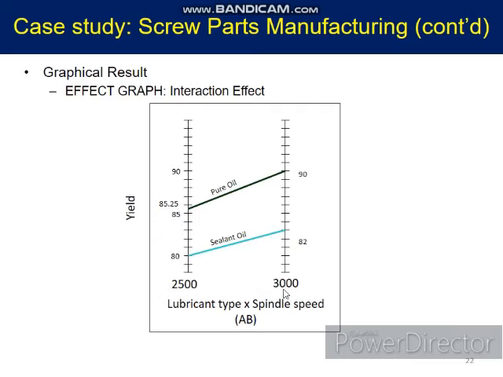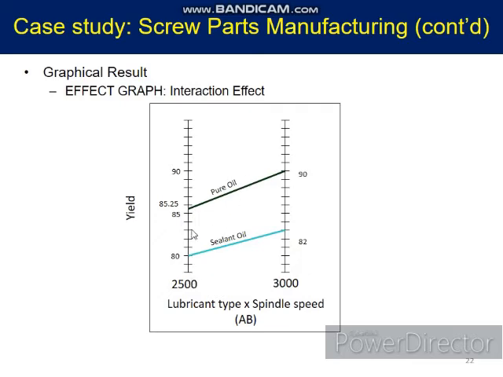As the spindle speed increases to 3000 for the sealant oil, you get a yield of 83%. And you want to compare the same range of spindle speed to the pure oil, which is level plus for the lubricant.